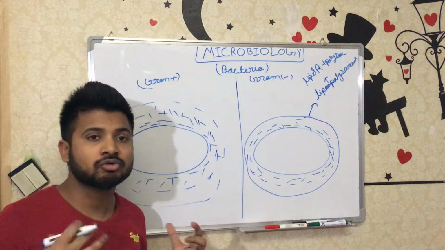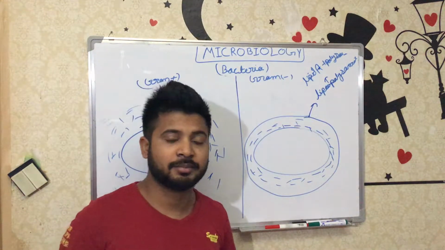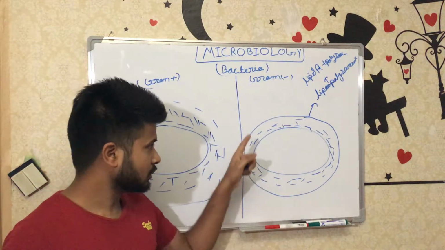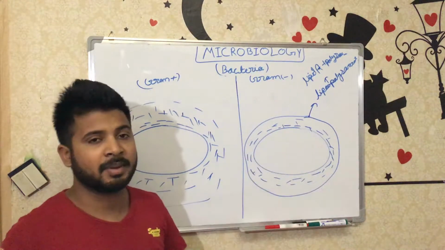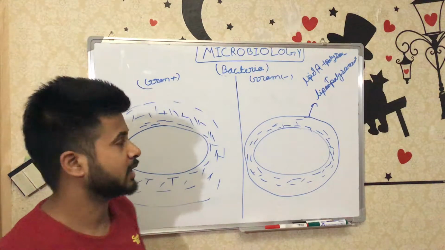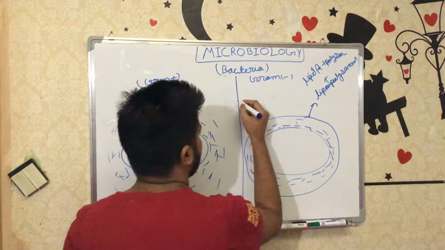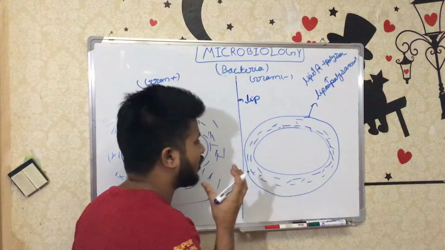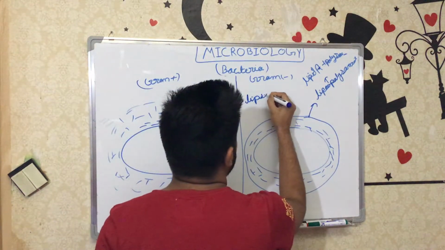We can say this is the huge difference by which you can identify gram positive and gram negative, because every gram negative bacteria must have the outer membrane, which is made of lipopolysaccharide. And lipopolysaccharide is lipid A and polysaccharide. Lipid A is very toxic, the main virulence factor of gram negative bacteria.